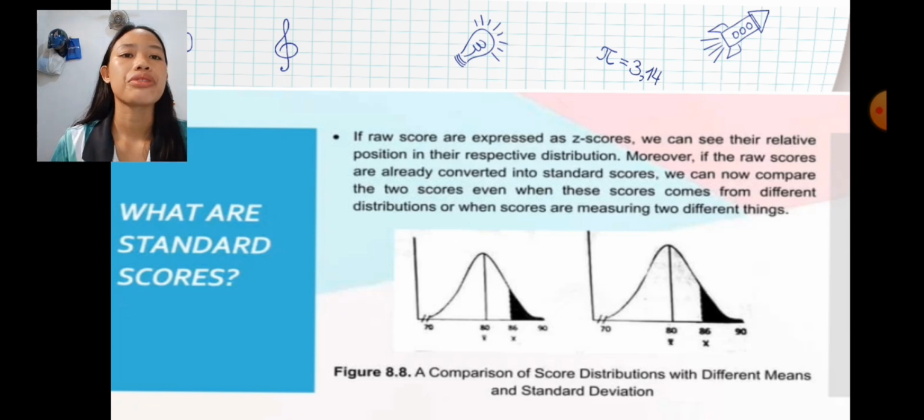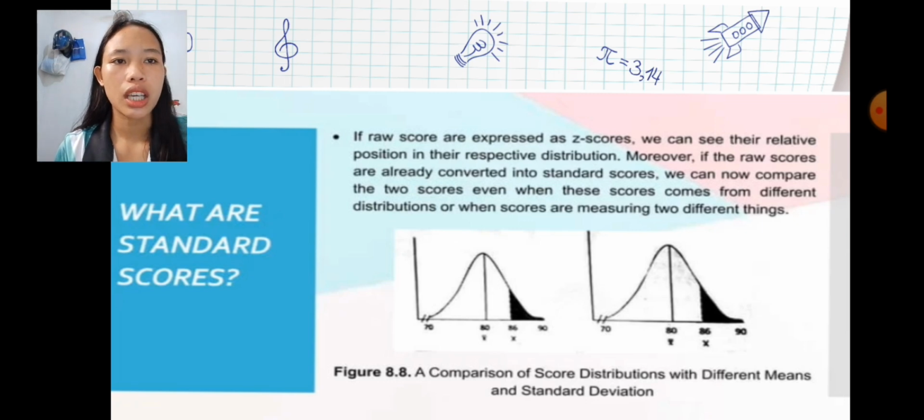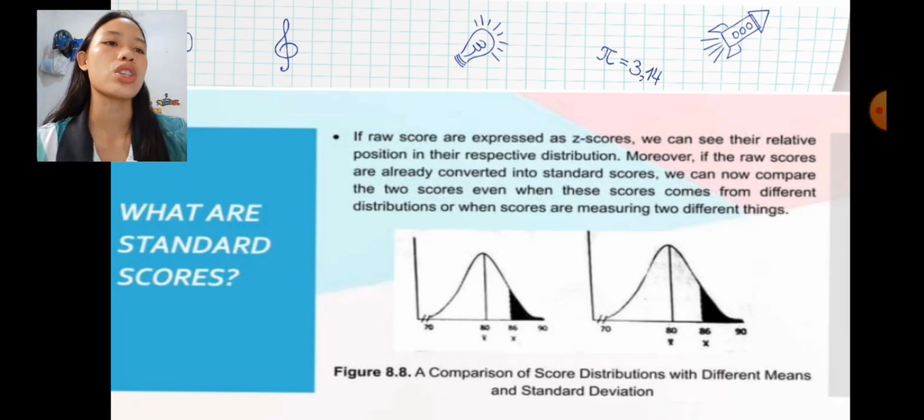If raw scores are expressed as z-scores or standard scores, we can see the relative position in the respective distribution.